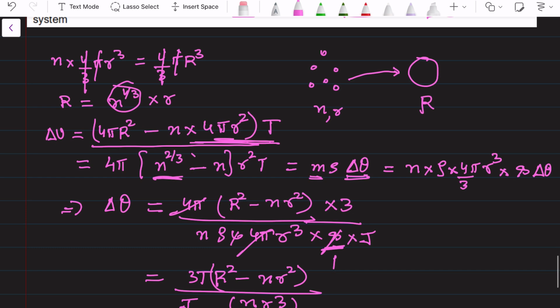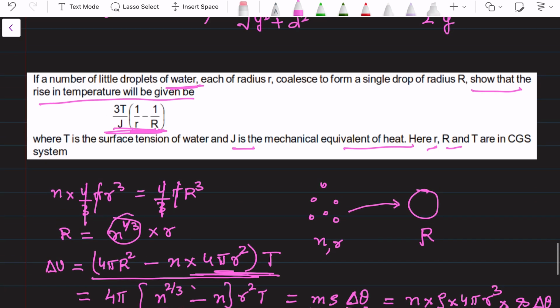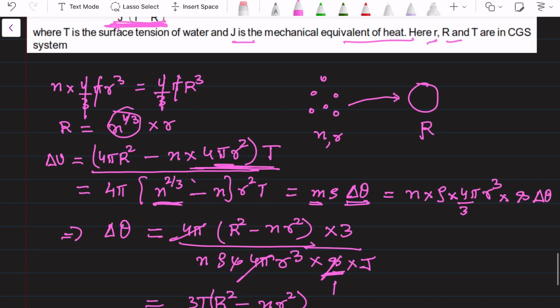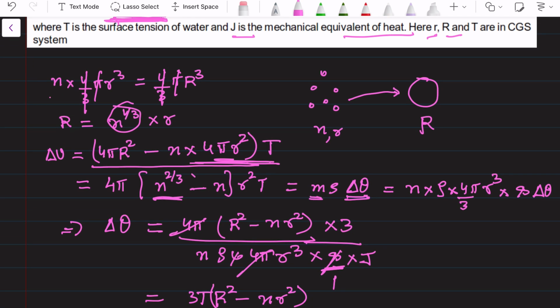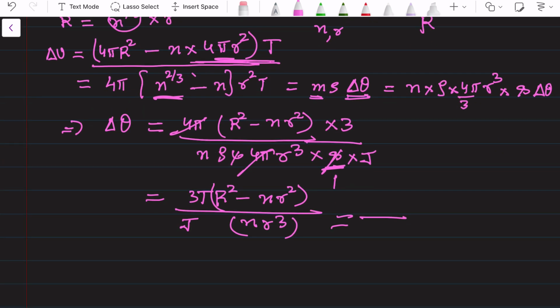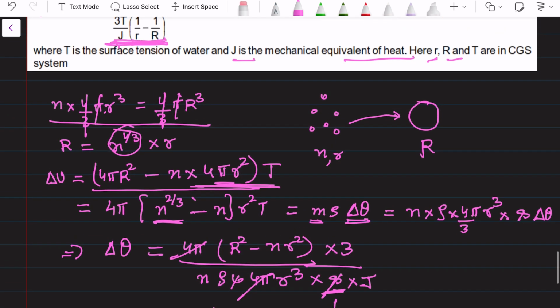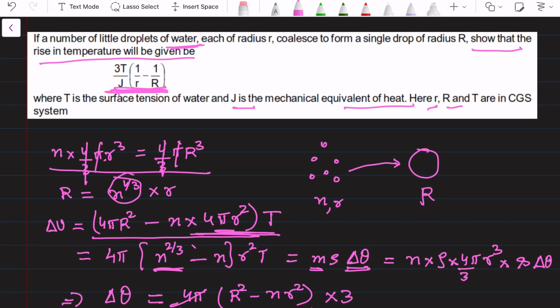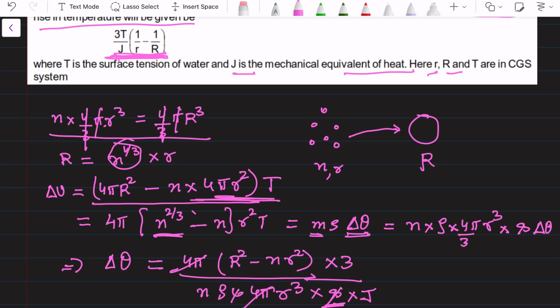So this way you can have the expression, right? And n can also be replaced by using this particular expression: n r cube is equal to capital R cube. So this can be written as capital R cube and can be solved easily. This we have already done in the theory part also.